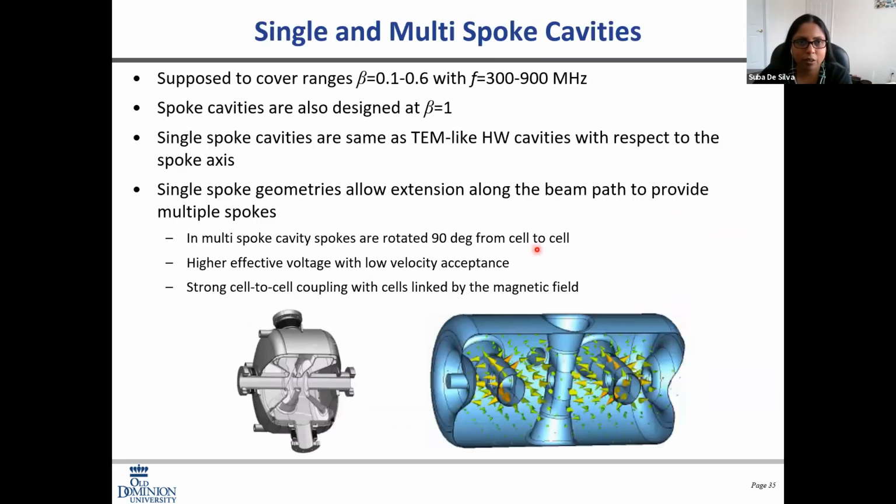And then quickly going on to the spoke cavities. If you notice, the single spoke cavity is very similar to the half wave cavity, only that the cylinder is rotated in a different orientation.